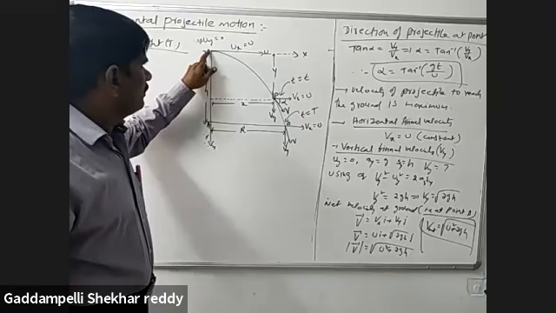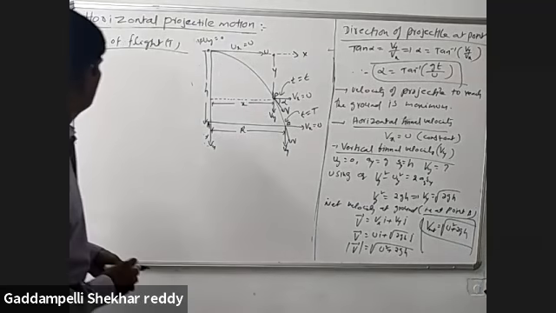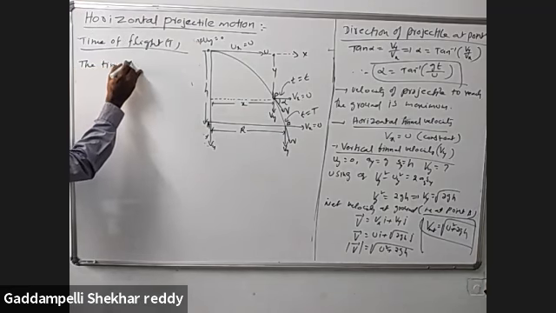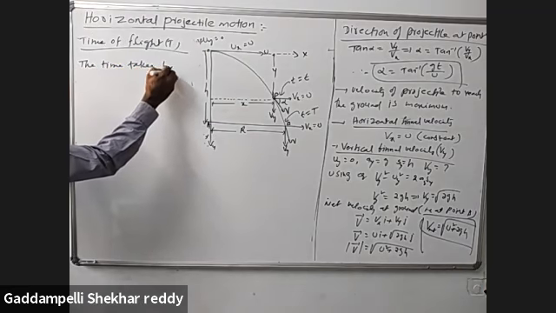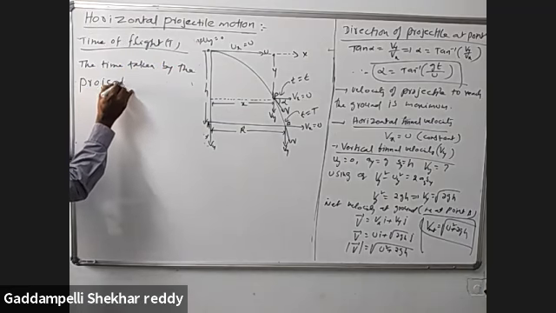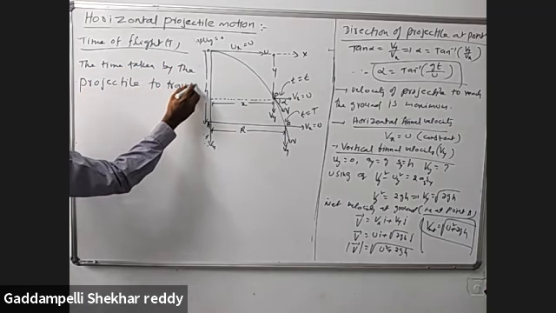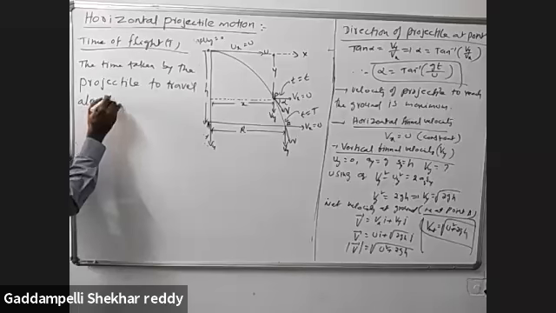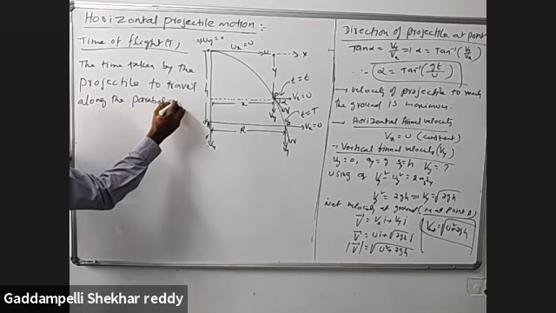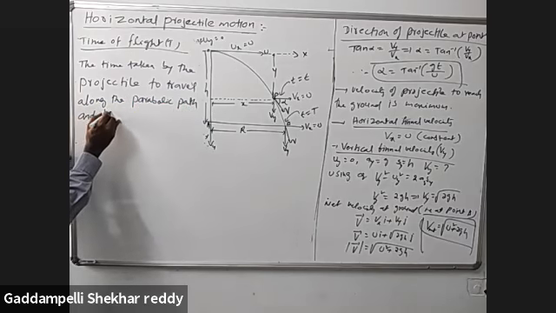The time taken by the projectile to travel along the parabolic path and hit the ground is known as time of flight.